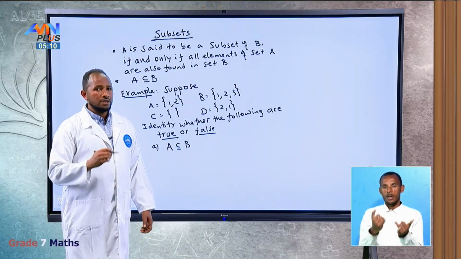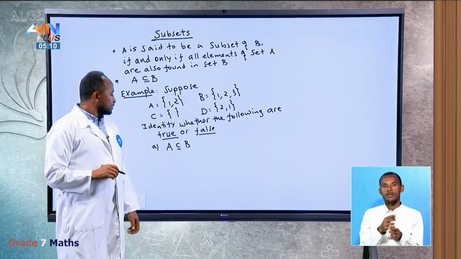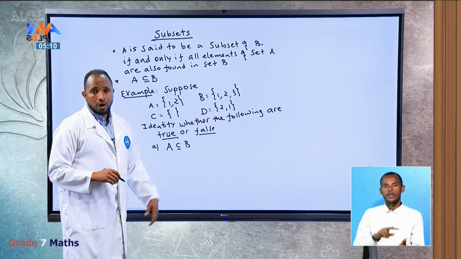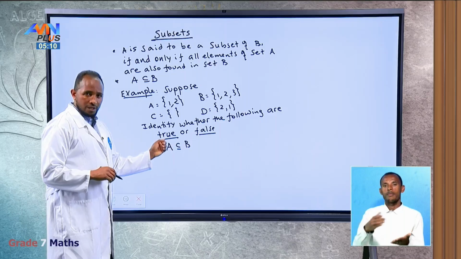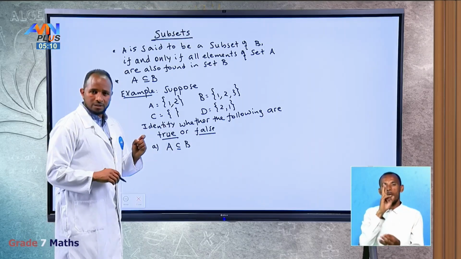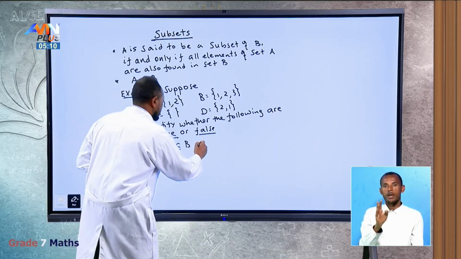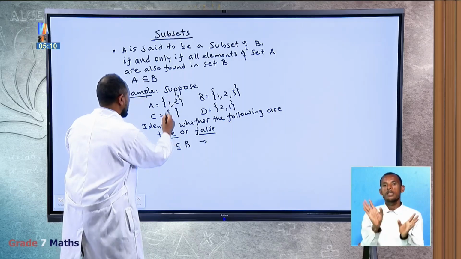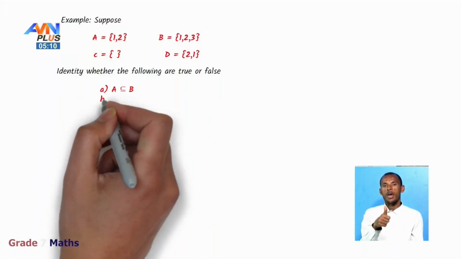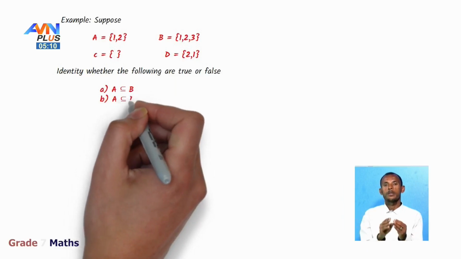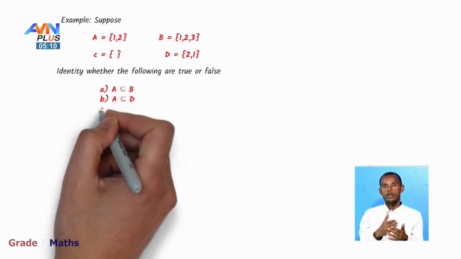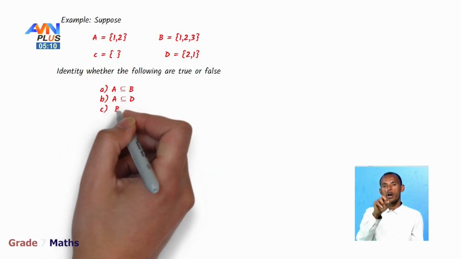Now let's see the answer first. The meaning of this is that all elements that are found in A are also found in B. Set A contains the elements 1 and 2. Set B contains the elements 1, 2, and 3.